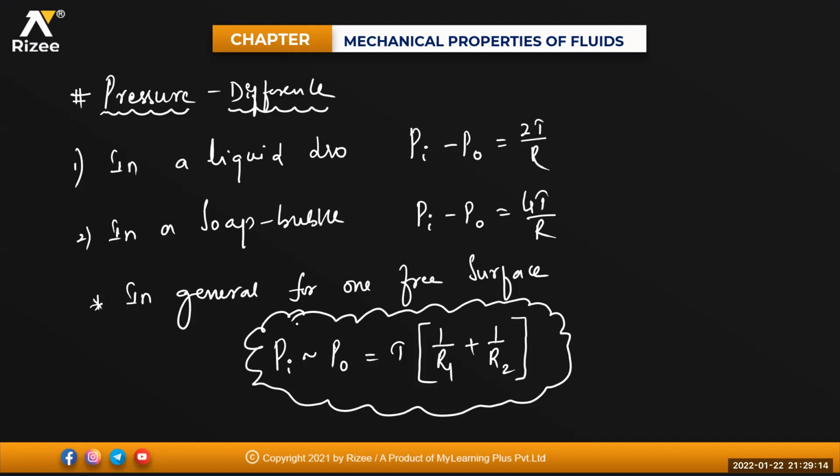If R1 and R2 are the same, 1 by R plus 1 by R, so it is 2T by R. That gives the answer for that one. For soap bubbles, you just multiply it by 2, since a soap bubble always has two surfaces. Clear?